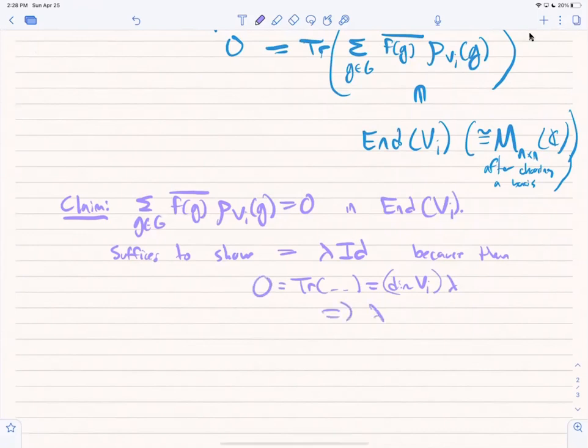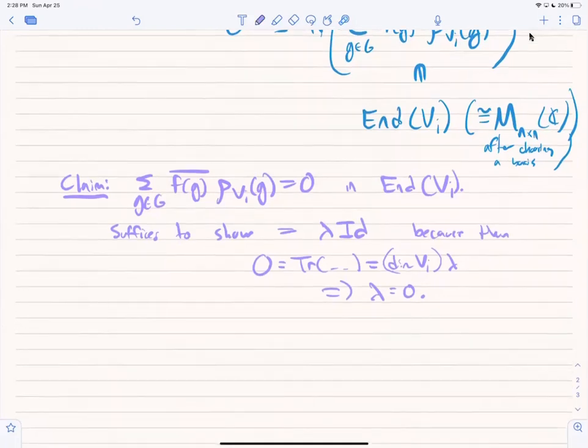Then that implies that lambda is equal to 0. So if I can show that this endomorphism is actually a scalar, then knowing that the trace is 0 will tell me the whole endomorphism is 0. When I say endomorphism here, it is interchangeable with linear transformation. It just means a linear transformation from Vi to itself. Okay, good. So that's why I want to show this thing is a multiple of a scalar matrix.